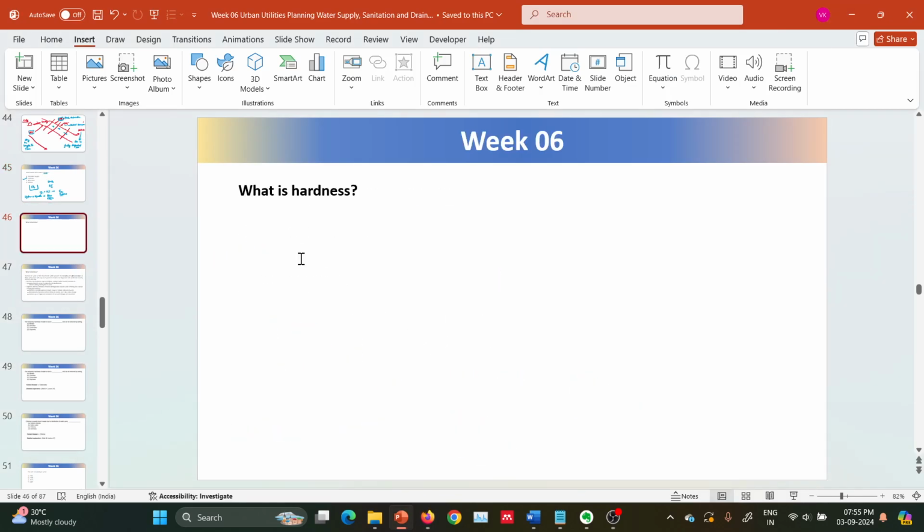Now, next question is, what is hardness? The hardness is due to the multivalent cations. What are those multivalent cations? Calcium, magnesium, aluminum.